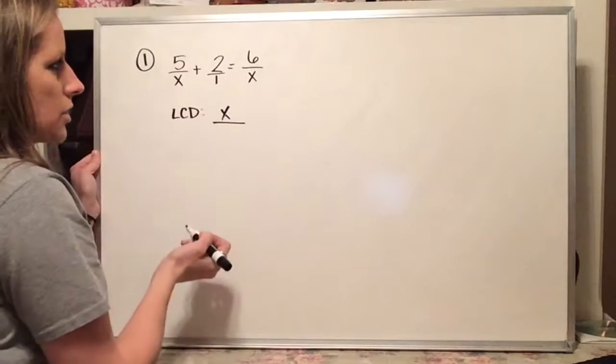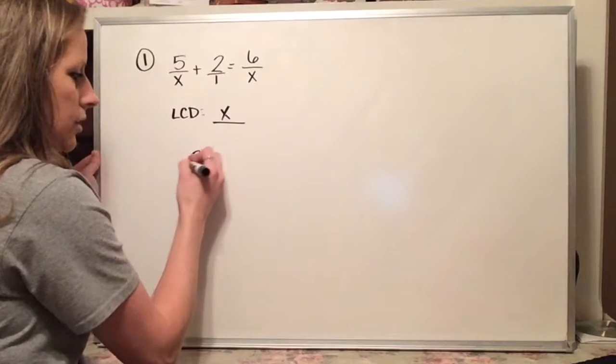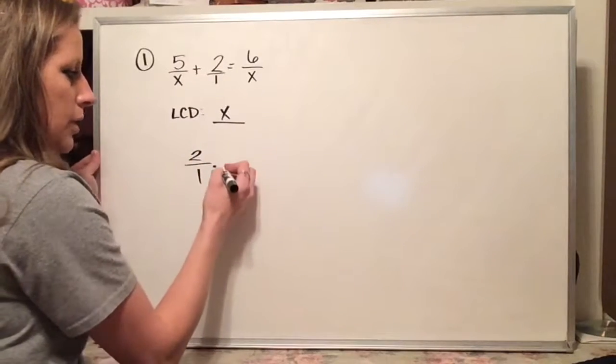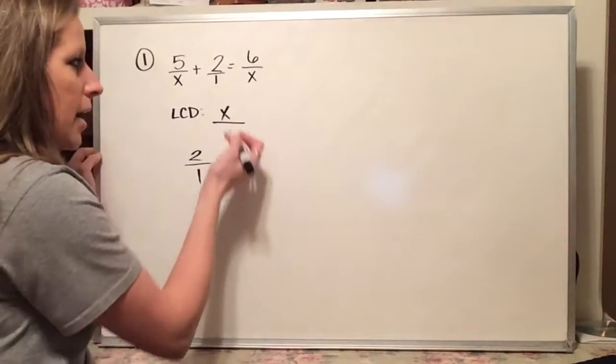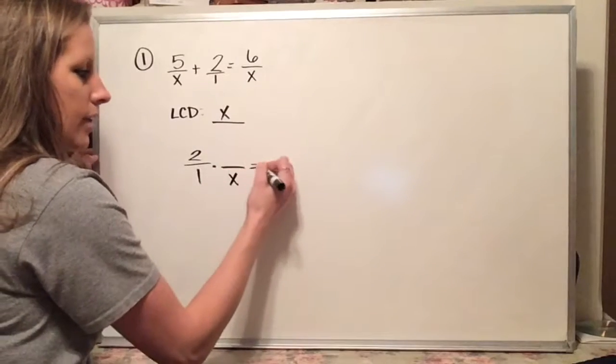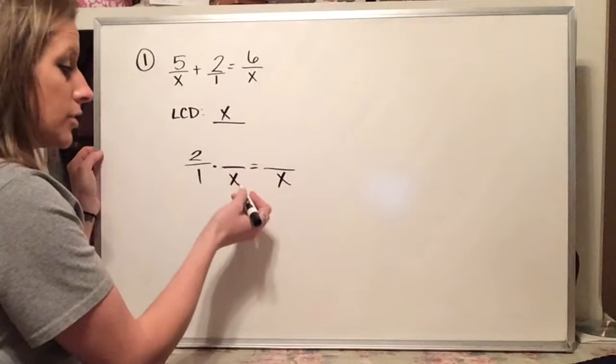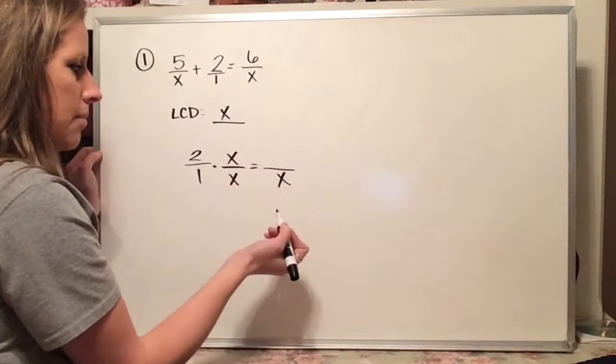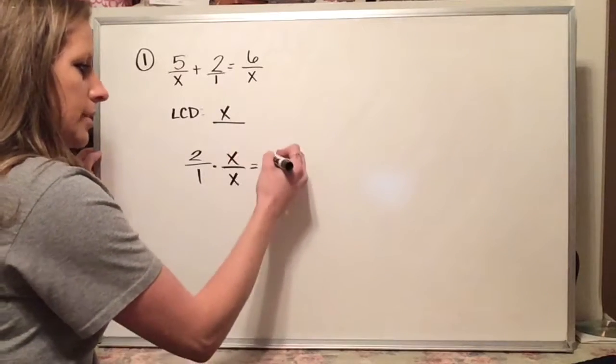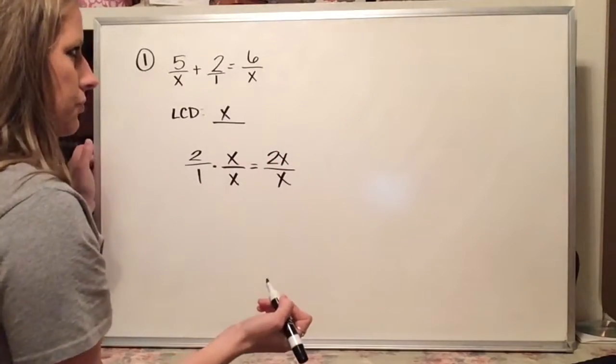So the first fraction is good. Second fraction, I'm going to have to multiply that denominator by x to get x in the denominator. Okay? What I do to the bottom, I have to do to the top. So 2 times x is 2x.